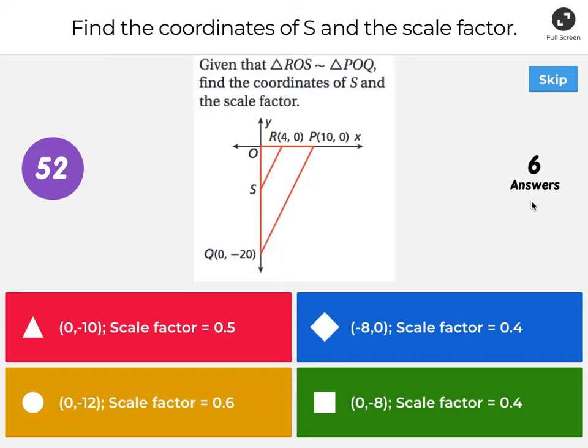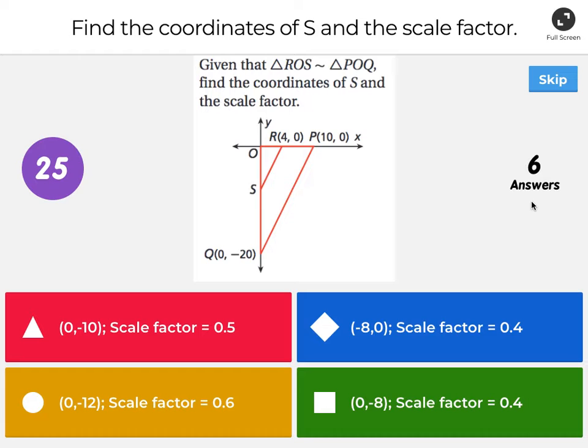Okay, so let's look. I'm trying to get the smaller one, so my scale factor is the smaller over the bigger, which is 4 over 10, which is 0.4. Or I could say it's 2 over 5, same thing. So to get S, all I do is take negative 20 and multiply it by 0.4.